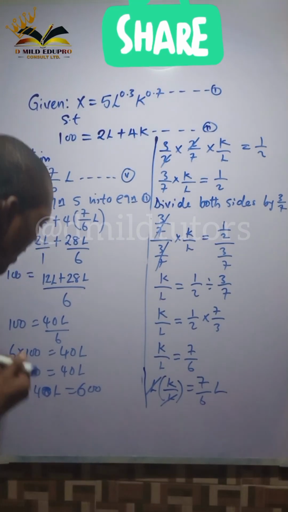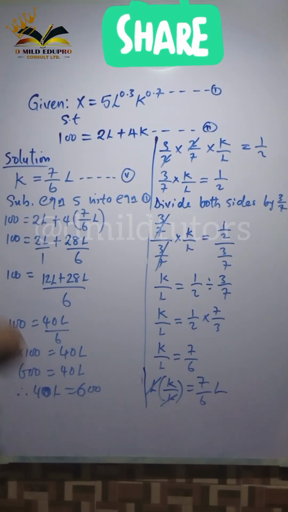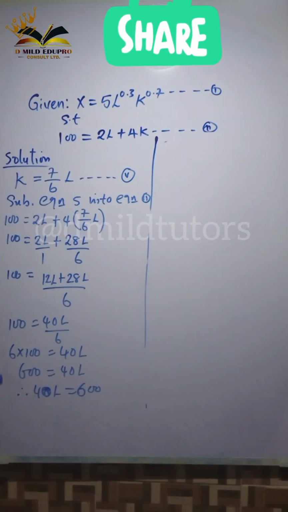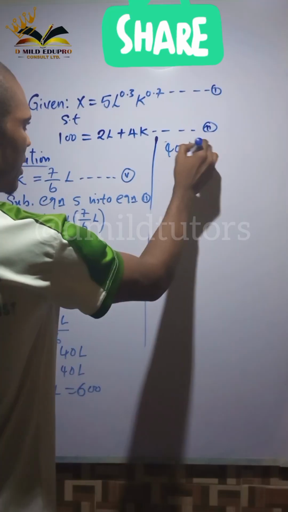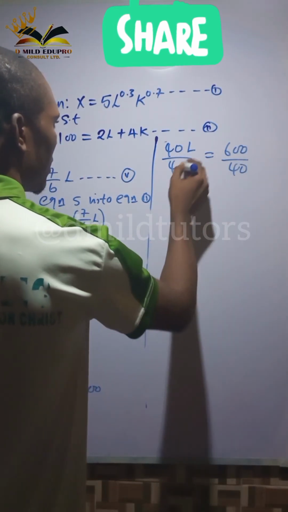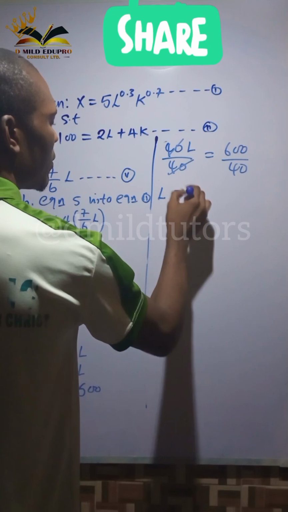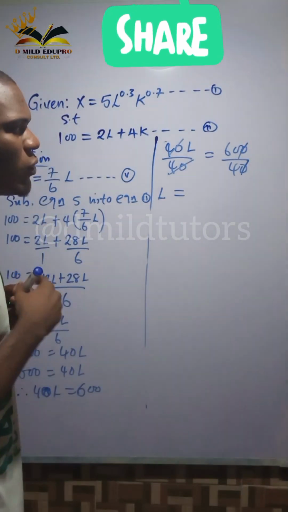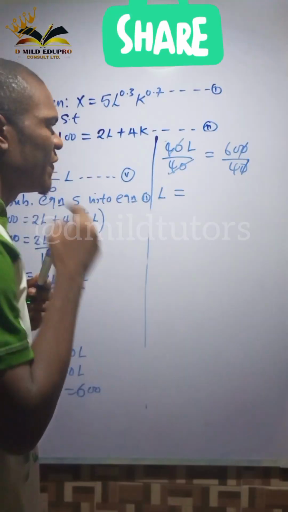All right. Now at this point, we can divide both sides by 40. What are we going to get? We have 40L over 40 equals 600 over 40. This will cancel. Then our L will be equal to, this will cancel, how many times can 4 go into 60? I think that will be 15.